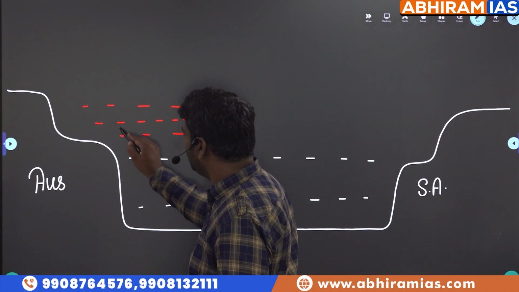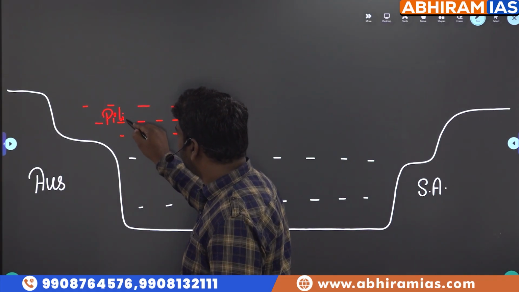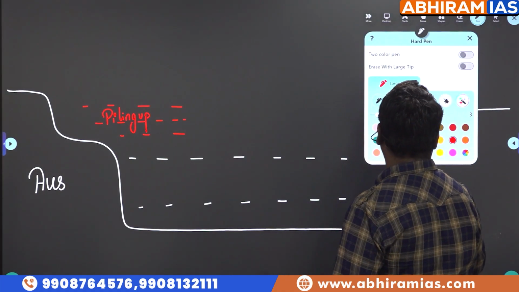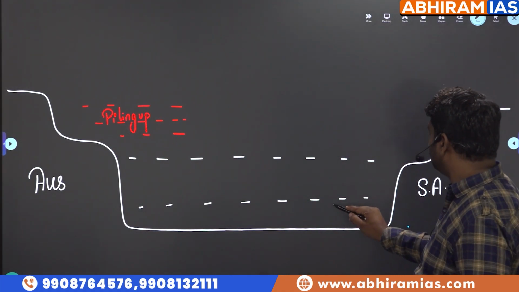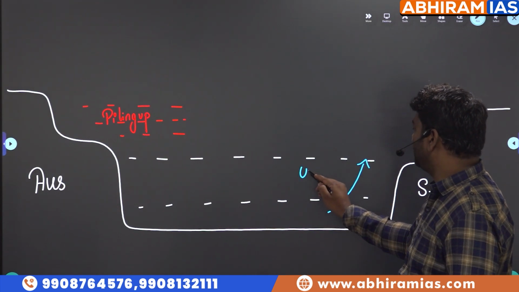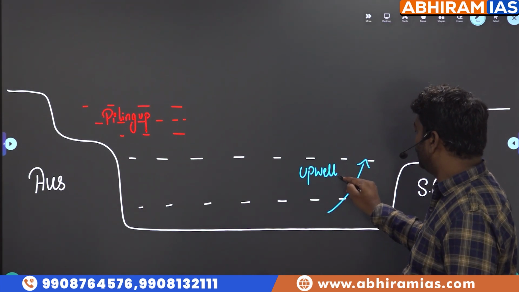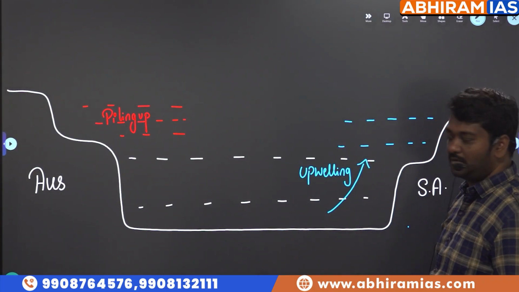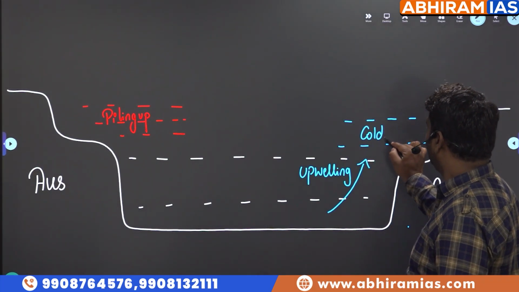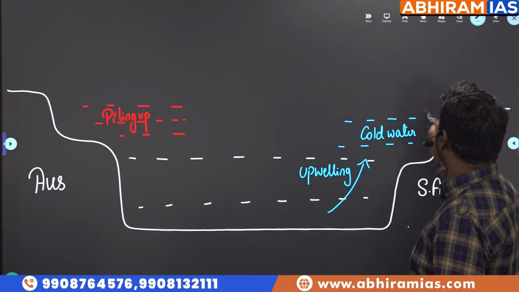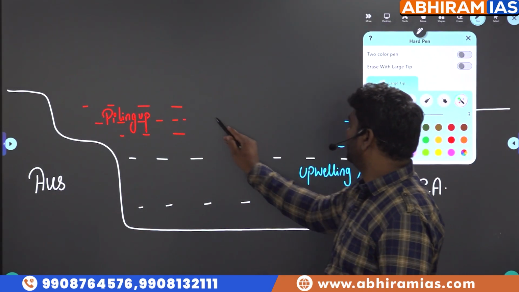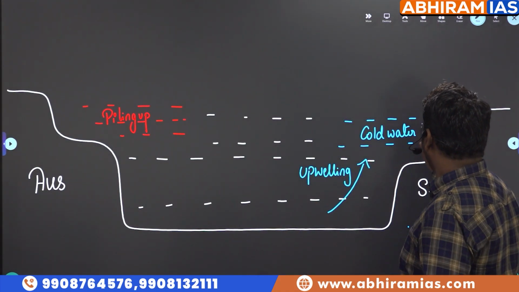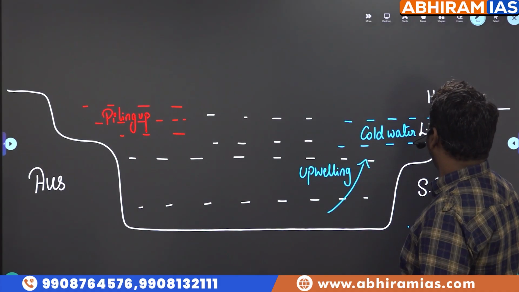Which side it will pile up? Yes. If everything piles up that side, this side there will be upwelling. So what will be present here? Cold water. Okay, so here you see low temperature, high pressure.